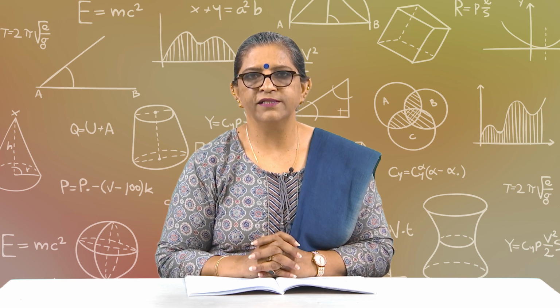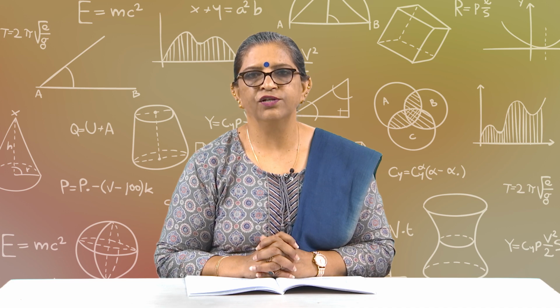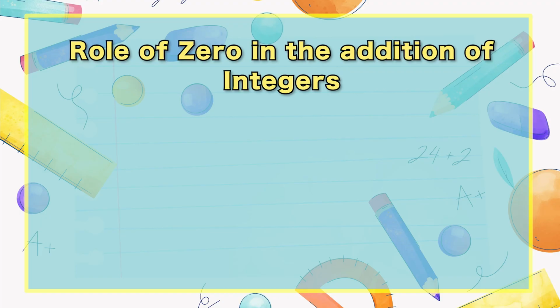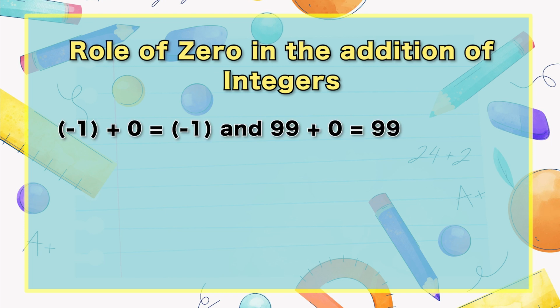This 0 has a role to play in the addition of integers. Let us see. What is the role of 0 in the addition of integers? I have taken two integers -1 and 99 and added 0 to them. -1 + 0 gives -1, no change. 99 + 0 gives 99, no change.